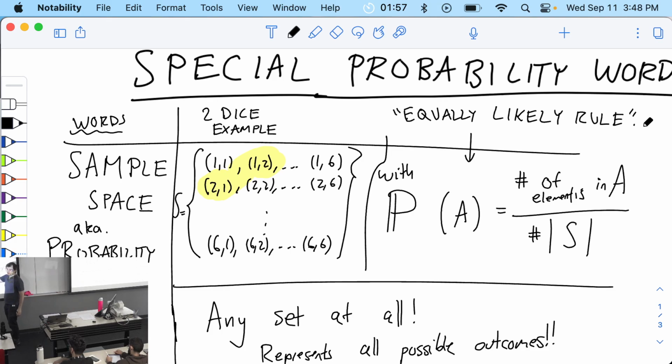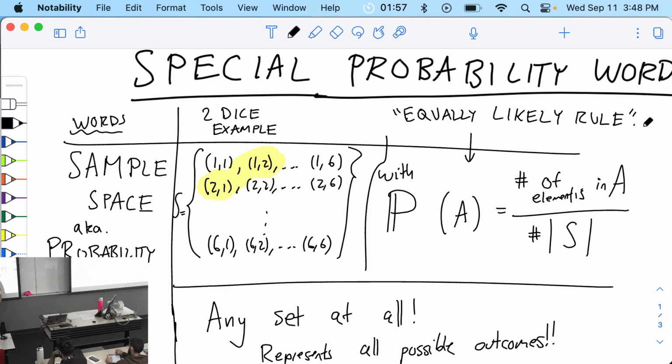And you can have a sample space with a different probability function other than the equally likely rule. We're starting out this class with the equally likely rule because it's the easiest one and it makes intuitive sense. Once you understand that one well, we're going to move on to more and more complicated ones. So this rule that we're using for now is a special type of probability.